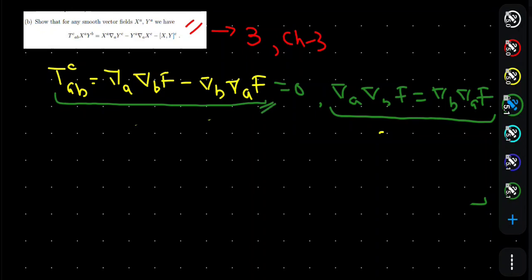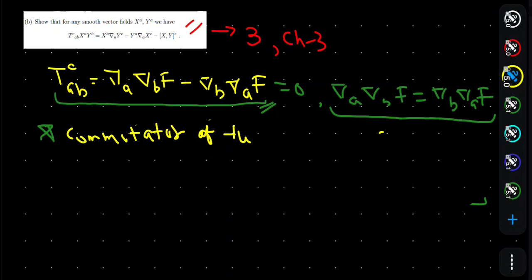Now let's start the proof. For the proof, what I'm going to do is find the commutator of two vector fields, and using that result I will prove this.